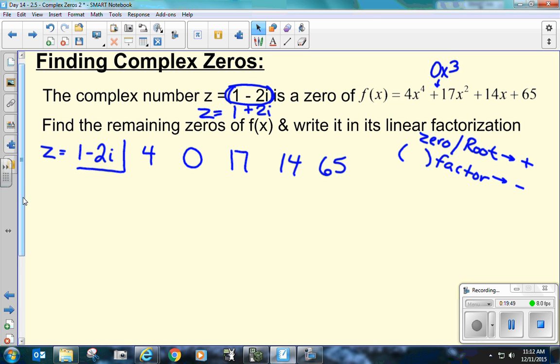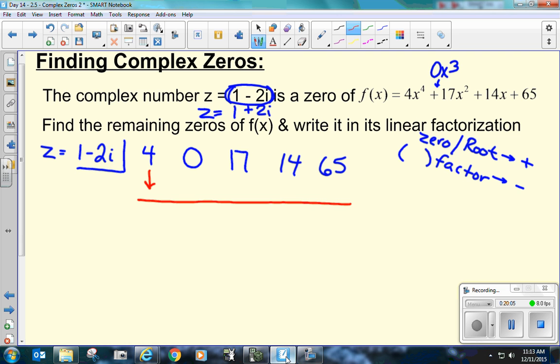Now, take your time. We'll line everything up nice, because now we're multiplying in a complex number. Alright? It still works the exact same way. I dropped the 4, right? Got it. Now I need to multiply 4 times 1 minus 2i.